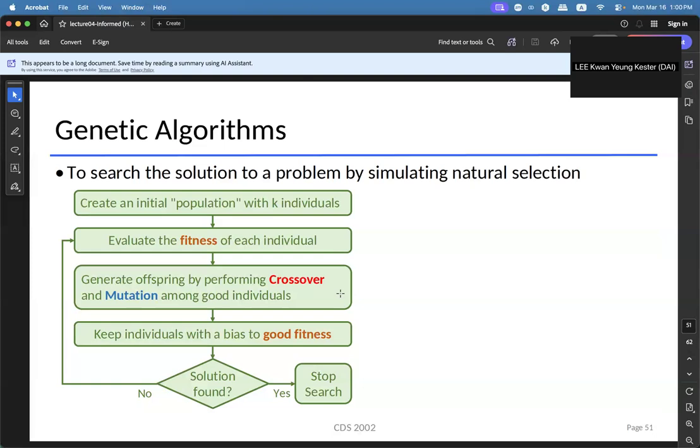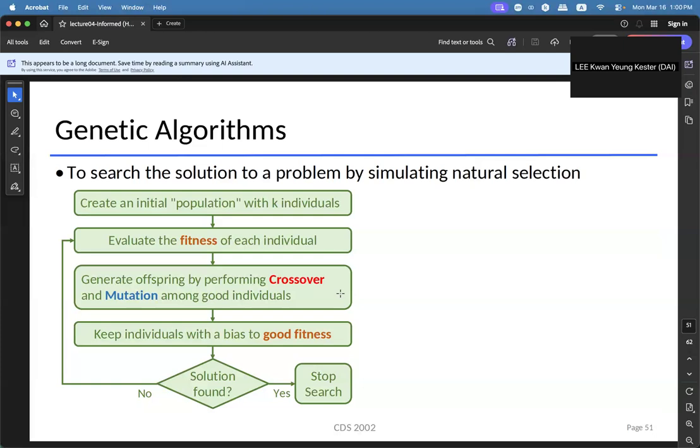If I do this representation, I can consider the search of the optimal configuration of variables as finding the organisms that have the highest utility.